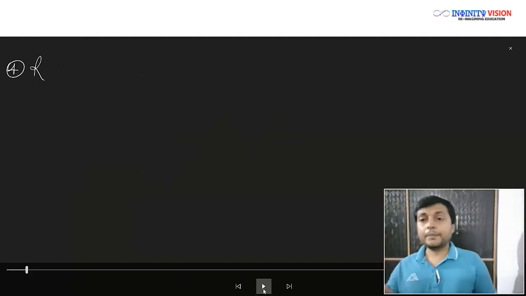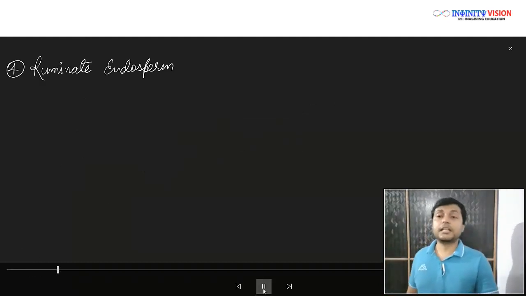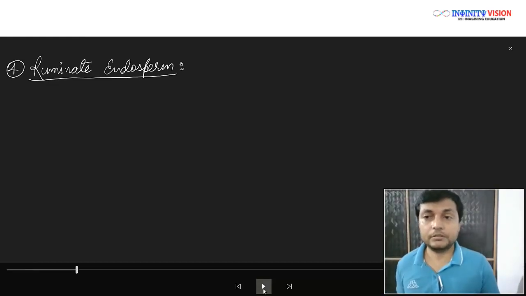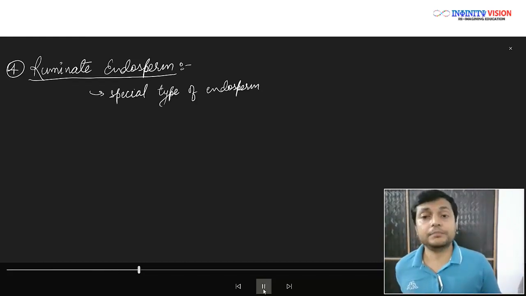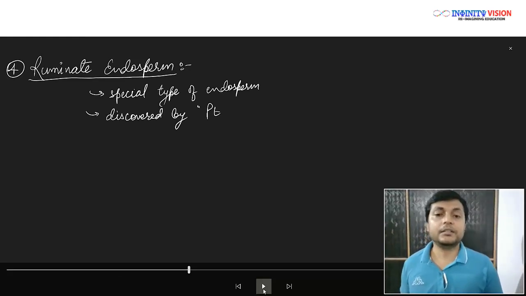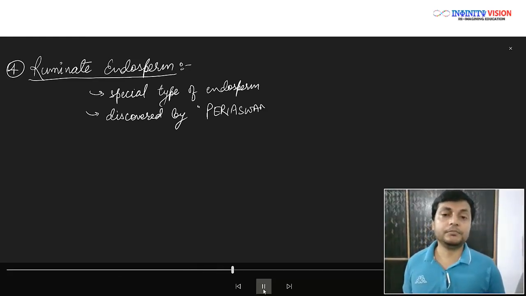Apart from these three, there is another special type of endosperm known as ruminate endosperm. What is it? It was discovered by an Indian botanist called Periyaswamy.